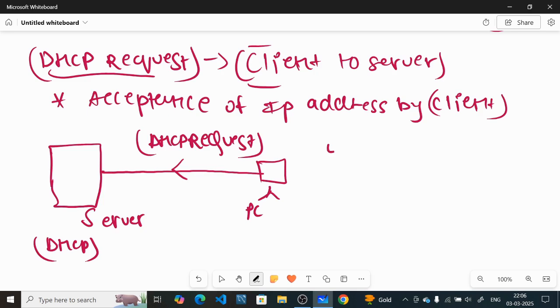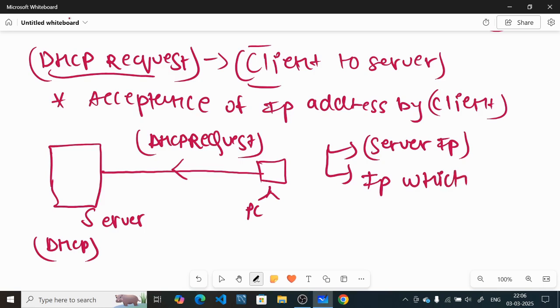It contains the information of the server IP, who is offering the IP address which the machine accepts, all the information, and the packet is also a broadcast packet.